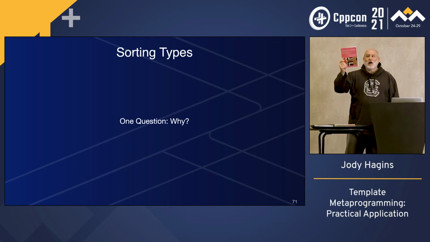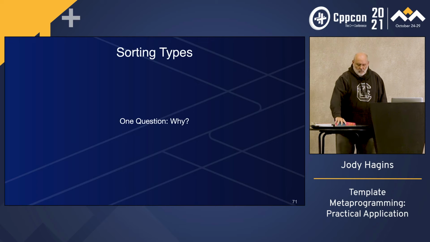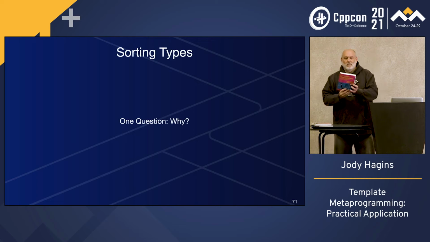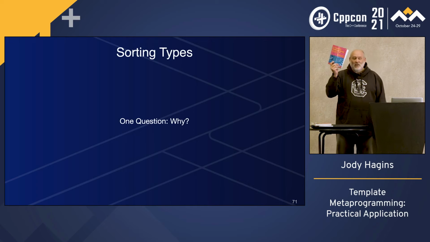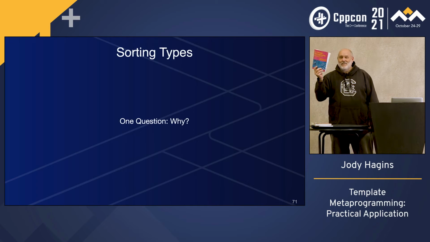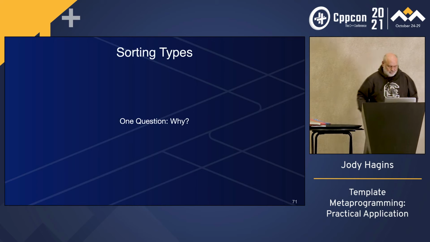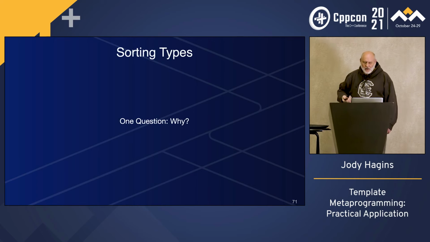It is awesome. Template metaprogramming, that is the bomb.com. Man, my kids are going to kill me if they hear that. It is awesome. Even today, it doesn't have any C++11 stuff in it. But the principles, the characteristics of what's in there is flat out awesome. Read them. Okay, so we're going to sort some types.